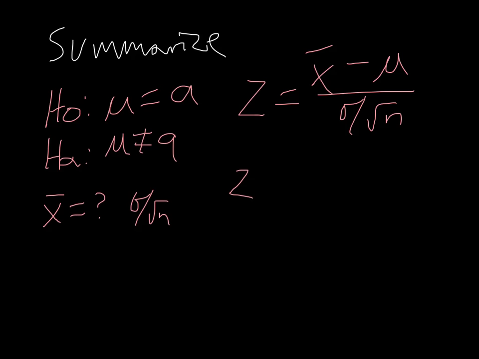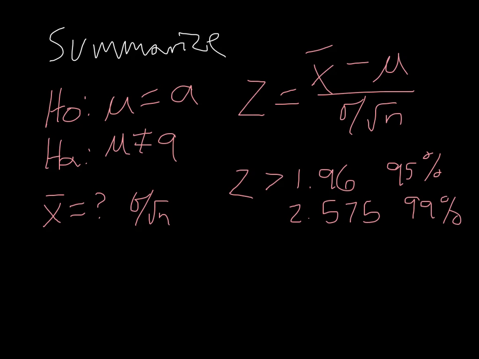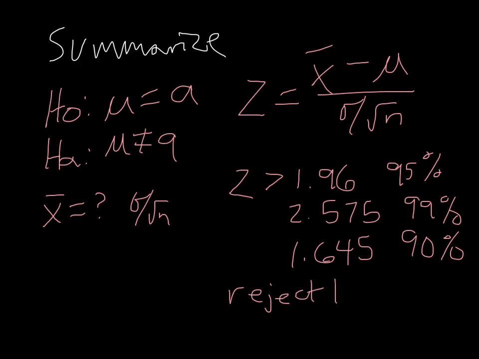So if this number is greater than 1.96 at the 95% level, or 2.575 at the 99% level, or 1.645 at the 90% level, then I would reject H naught. Otherwise, I would fail to reject H naught.